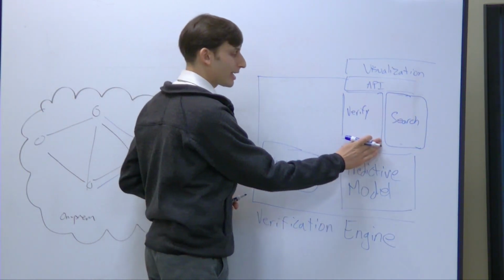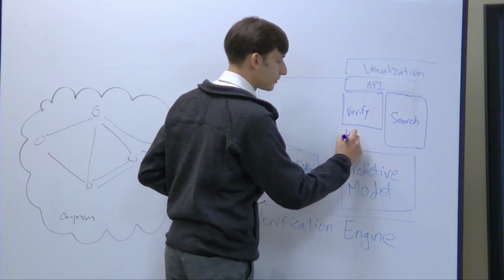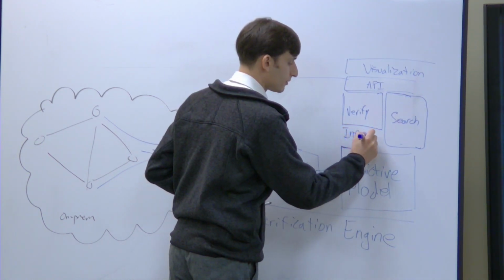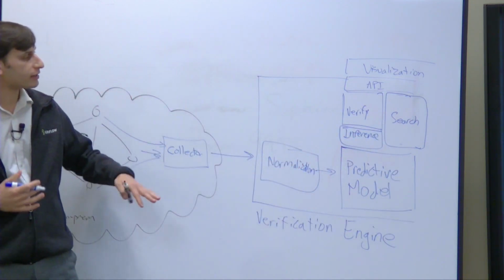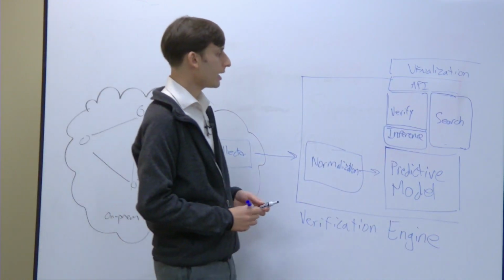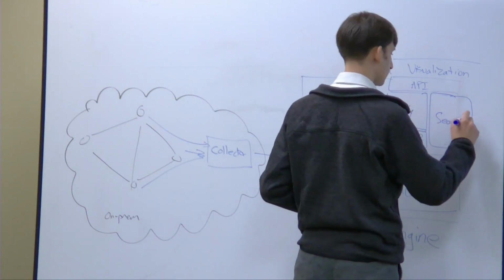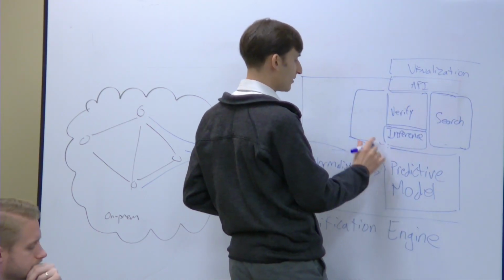Intent inference is a kind of analysis that queries the model to understand things, to determine what to verify. And then diffing, I'll put it over here, but it's built on the same model.